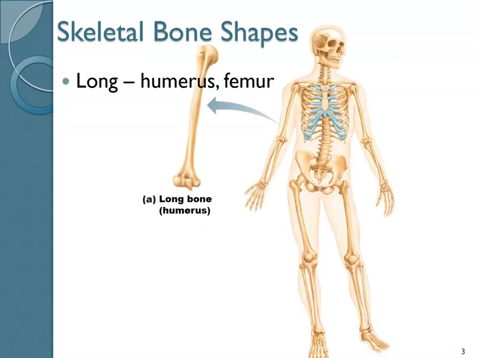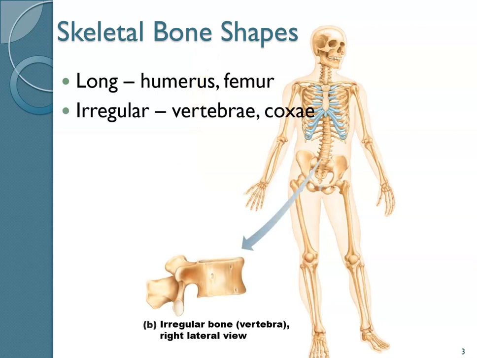In terms of bone shapes, we classify our bones into 4 groups. Long bones are longer than they are wide: humerus, femur, even our metacarpals, phalanges, tibia, fibula, radius, and ulna all come under this. Next is irregular shaped.